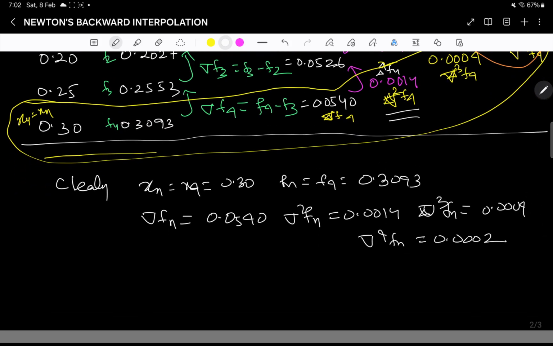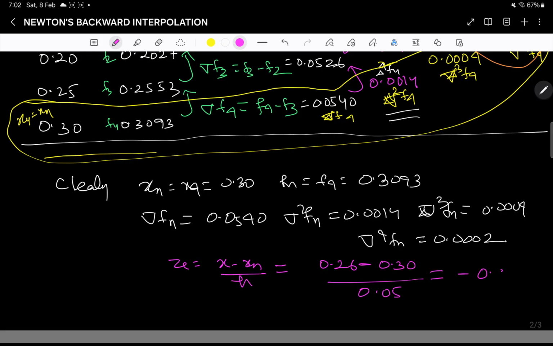So these are the information. And what is my u now? My u is x minus xn by h. So x is given 0.26 minus xn is 0.30, and h as I have told is 0.05. If I simplify it, it is minus 0.8.